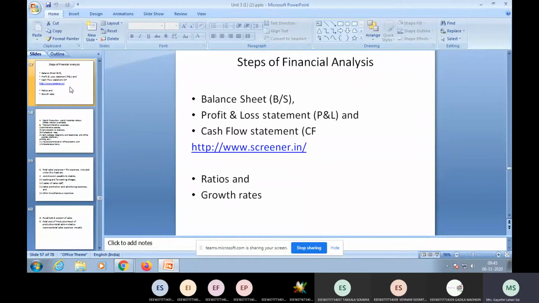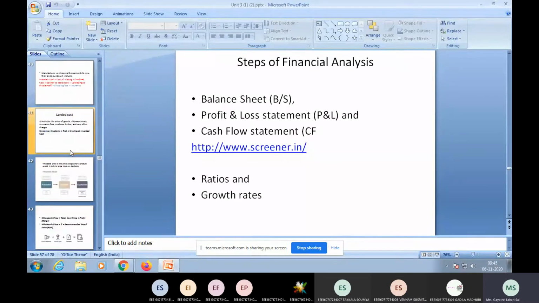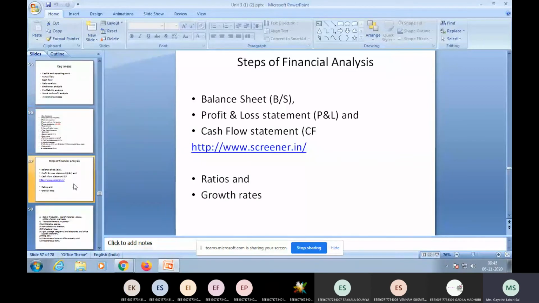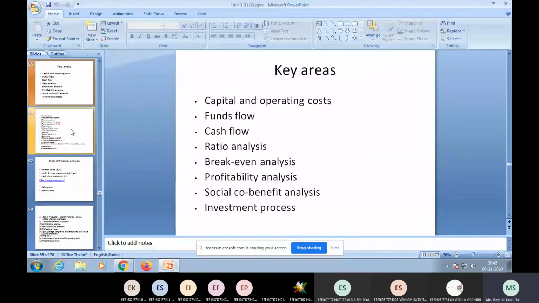In order to do that, what are the key areas you need to focus on? The key areas are capital and operating cost, funds flow, cash flow, ratio analysis, break even analysis, profitability analysis, social cost benefit analysis, and investment process, right?